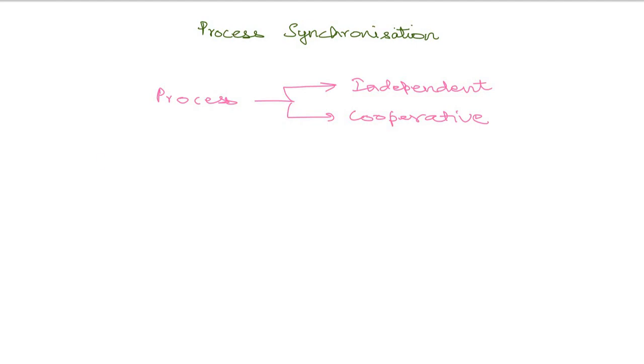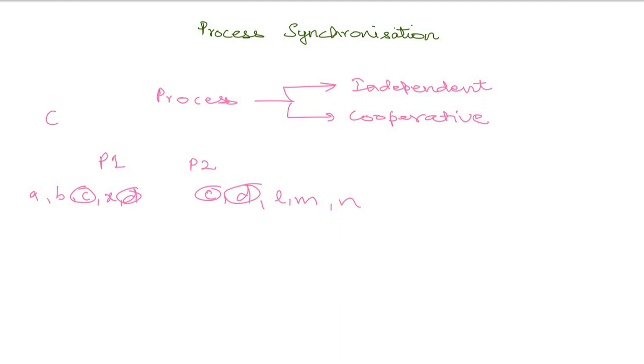Let's say for example we have two processes P1 and P2, and both of them have different variables. Let's say P1 has A, B, C, X, D, whatever, and let's say P2 has C, D, L, M, N. So we can see that C and D are common in both of these processes.